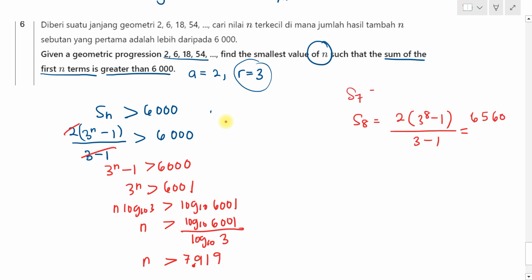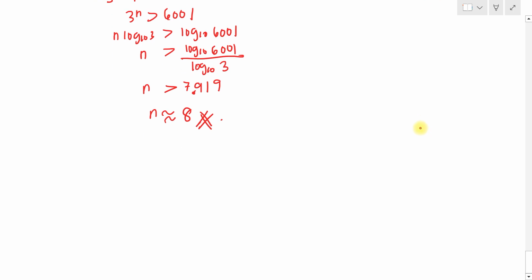If you try S7, I'm getting 2186 only. See, guys? So S8 is correct, because they are asking for more than 6,000. The sum must be more than 6,000.